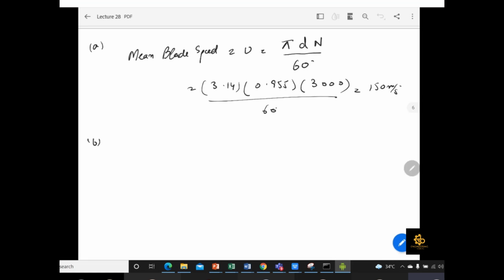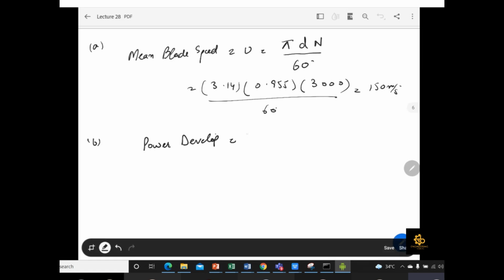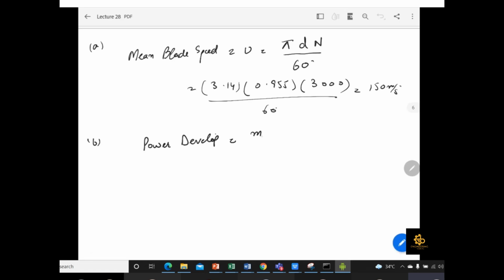So coming towards part B. Part B is to find power developed. You already know the equation from which we can easily find it: mass flow rate times (VW1 plus VW2) times U, which is the mean blade speed, divided by 1000, so we get kilowatt. The important thing is that this is mass flow rate, and here you can assume the mass flow rate is 1 kg per second.